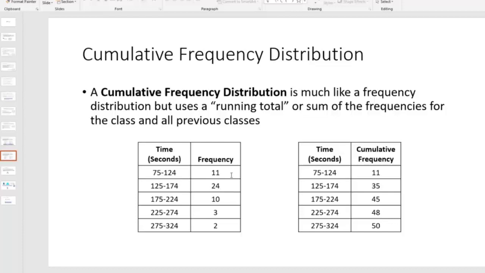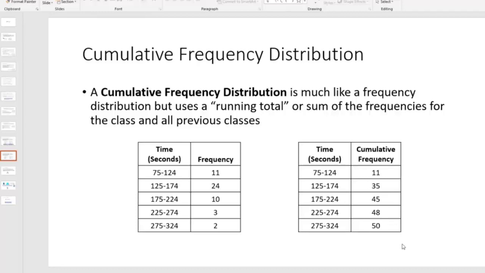There were 11 in the first class and 24 in the second, so by the time you finish the second class, you've had 35 so far. And so on down, you just keep adding. This very last number should match your total frequencies, so your cumulative frequency lets you make sure you've accounted for all of them.